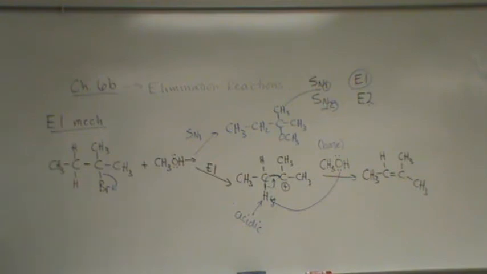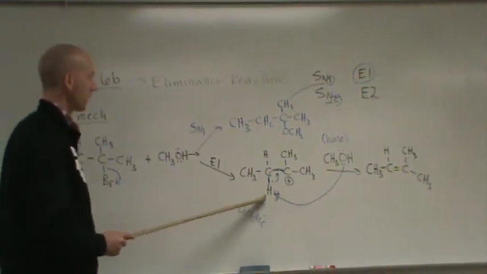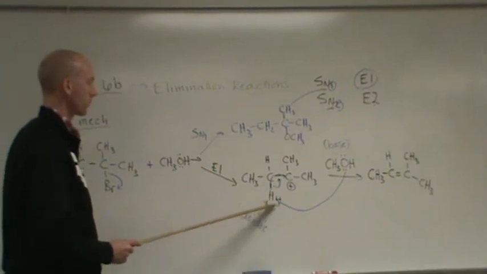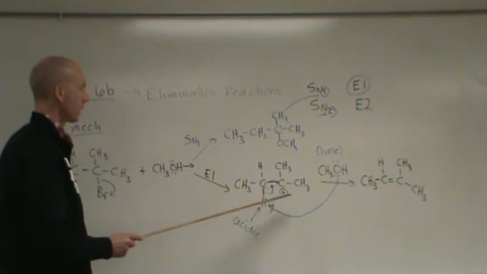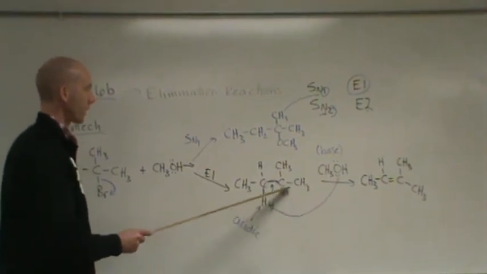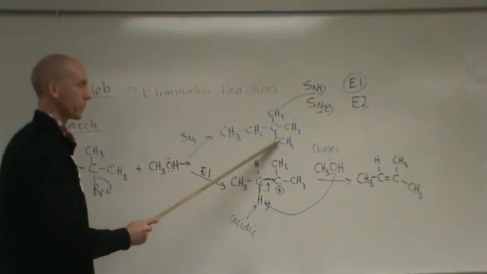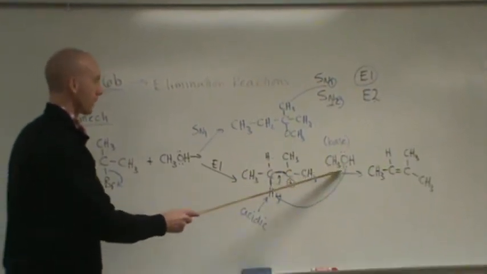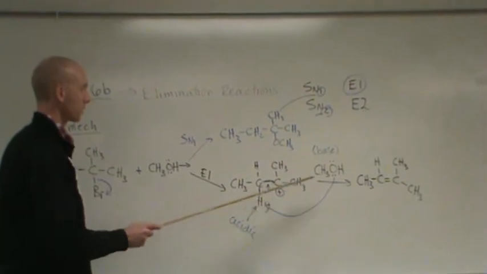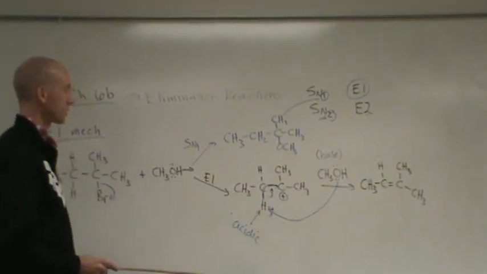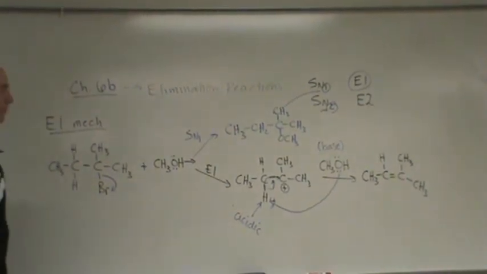Here we're learning that the beta hydrogen has some acidic property to it. So if this thing would have added on the carbocation, it would have acted as a nucleophile. But here, it's attacking a beta hydrogen, so it's acting as a base. Okay. Any questions on that?